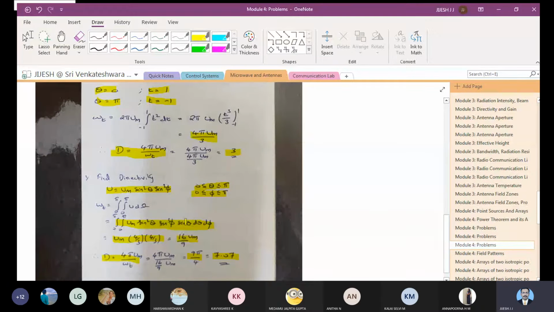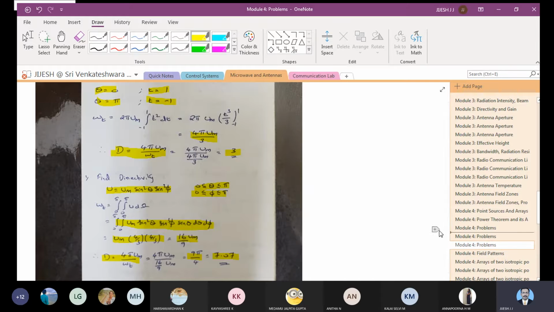So it will be sine cube theta sine cube phi. So already we have done the integration for sine cube. So it will be 4 by 3, and when you substitute that, you will get 16 by 9 and after substitution for directivity, you will end up with the answer 7.07 or 9 pi by 4.